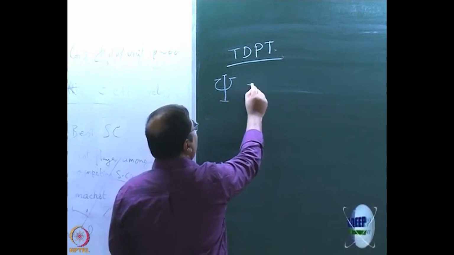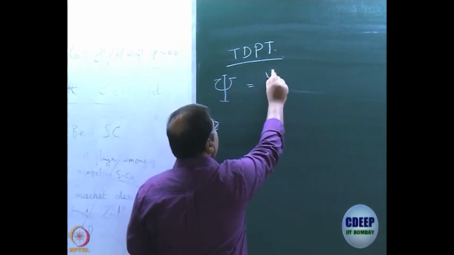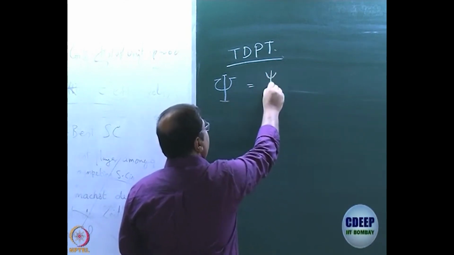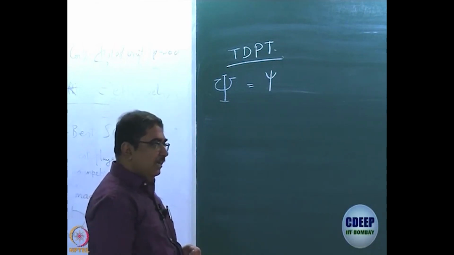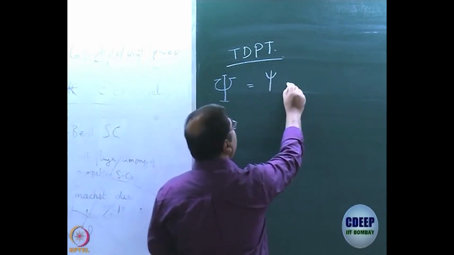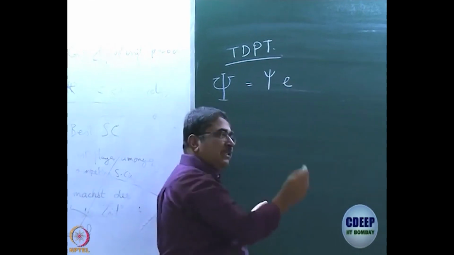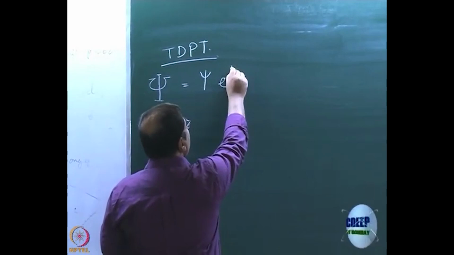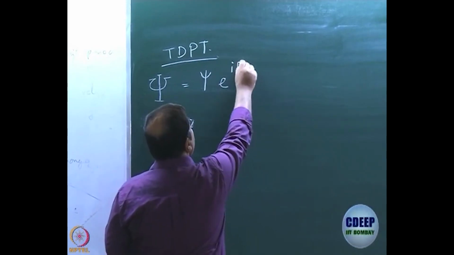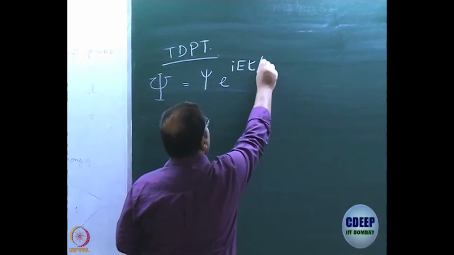So, this is equal to the time independent space dependent wave function small psi multiplied by, I will write the expression of phi anyway since we have done it once, e to the power i E t divided by h cross.